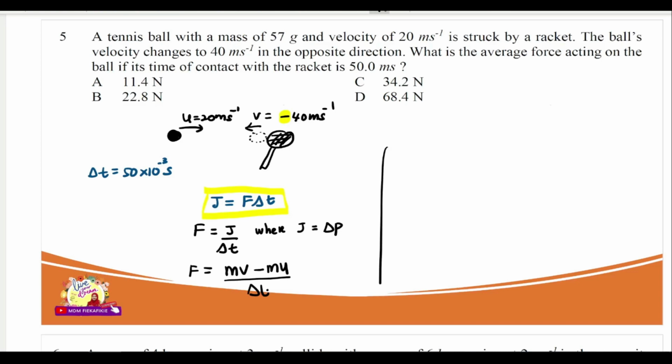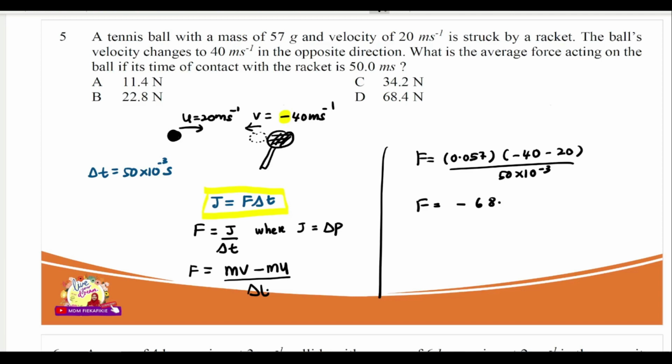Therefore, we can substitute all the values where m is the mass of the ball, which is 57 gram, 0.057 kg, and then negative 40 for v minus u, over 50 times 10 to the power of negative 3, and finally F is equal to negative 68.4 Newton.